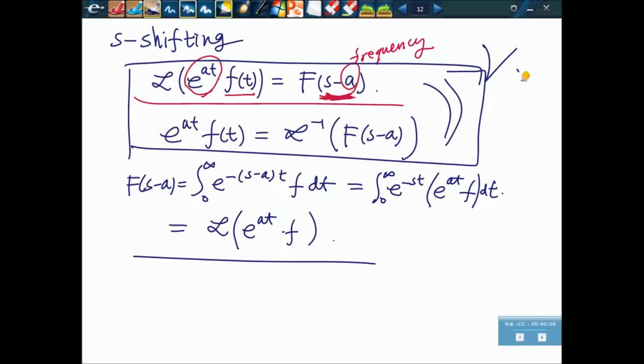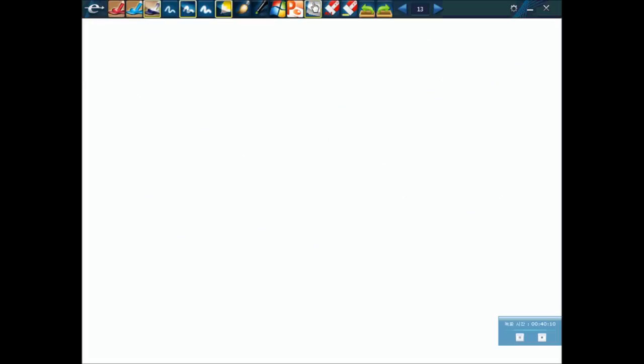So the proof is rather simple, but you have to fully understand the underlying concept and visualization. Okay, let's take an example. So f of t is e to the minus 2t sine t plus 3. Laplace of f: you have to use the linearity, right? Because it's composed of many basic functions.